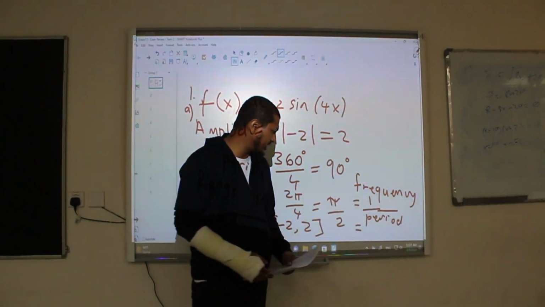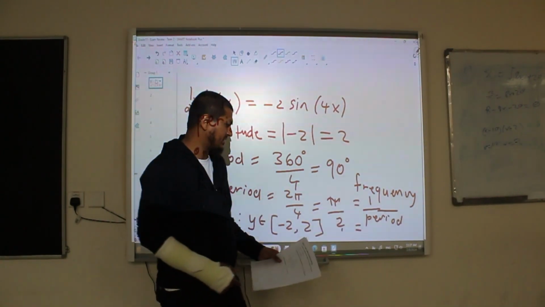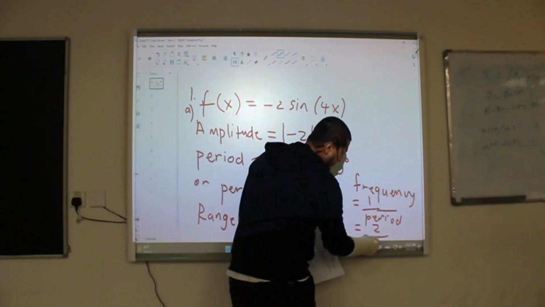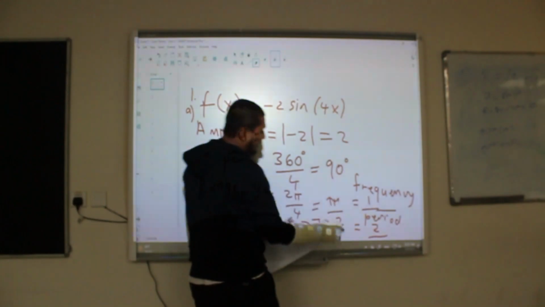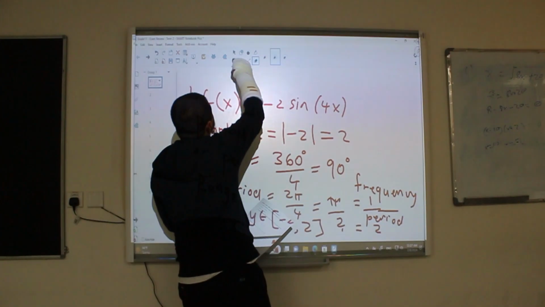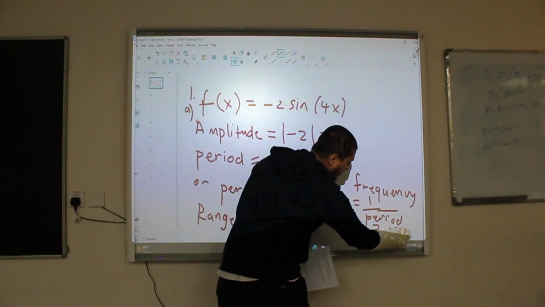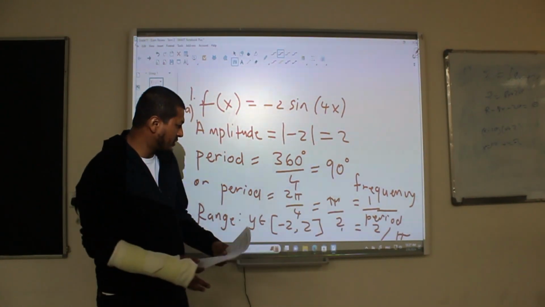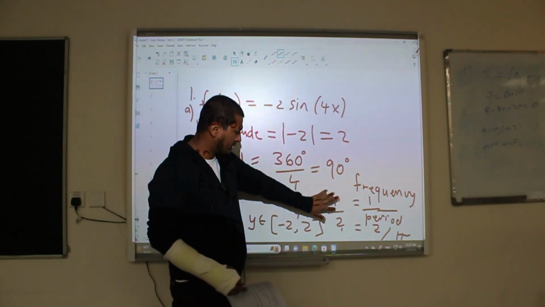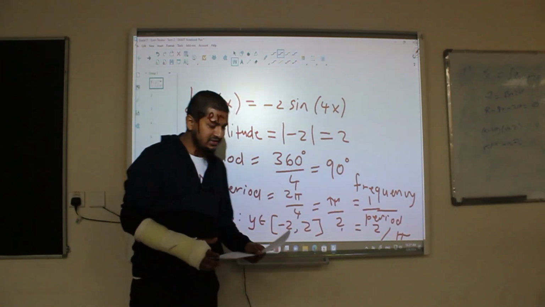If you use your calculator, you should get 2 over pi, or you can also give your answer in decimals. Because if you say 1 divided by the period, you have to flip the fraction, and it becomes 2 over pi. I hope you're understanding, guys.